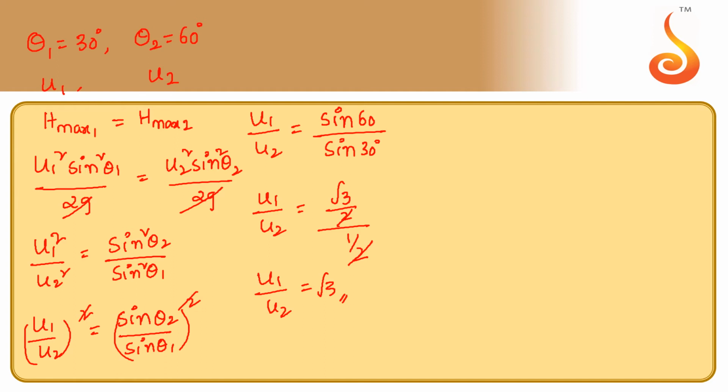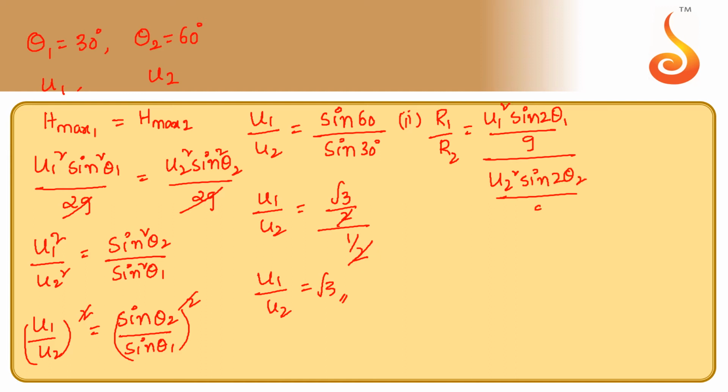We also need to calculate the ratio of the ranges. That means r1 by r2, which is equivalent to u1 square sine 2 theta 1 by g, divided by u2 square sine 2 theta 2 by g.